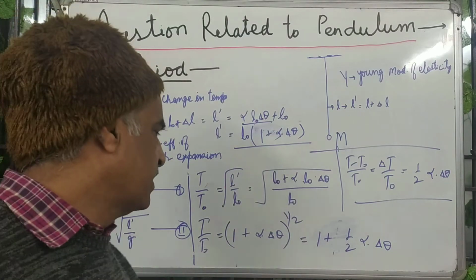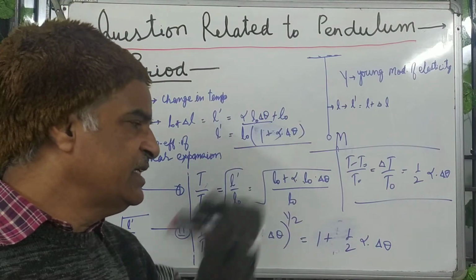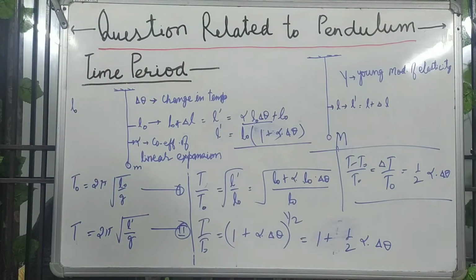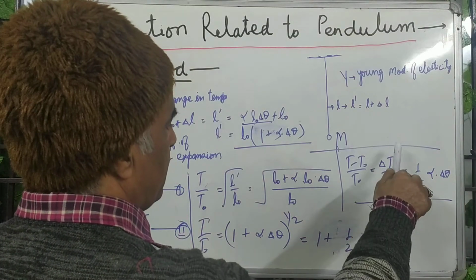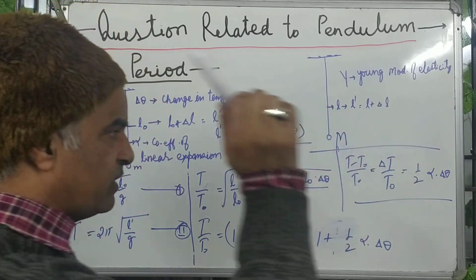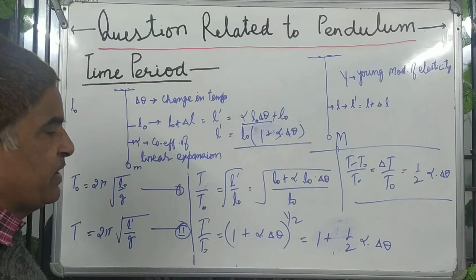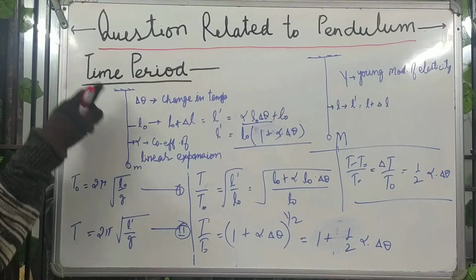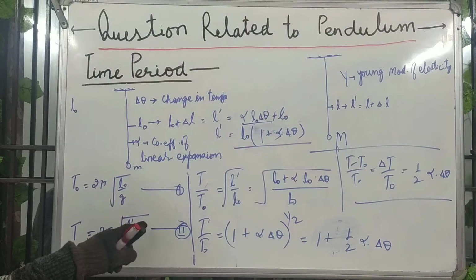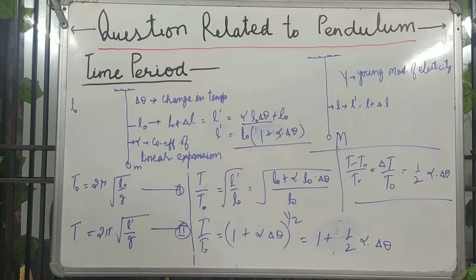If they are asking what is the change in the time period, delta T is the absolute change in the time period. Delta T upon T naught is the relative change in the time period. With increase in temperature, length is increasing, so the time period will increase.